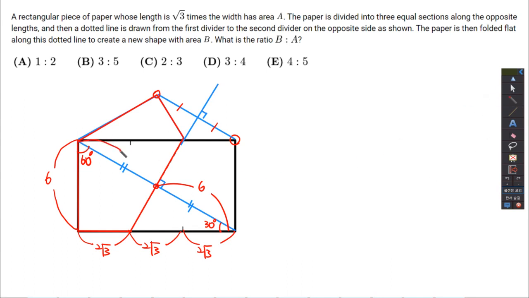And because this length is also 6, if we connect these 2 points, these two triangles are congruent because they are both right triangles, and the hypotenuse is common and there is the same leg.